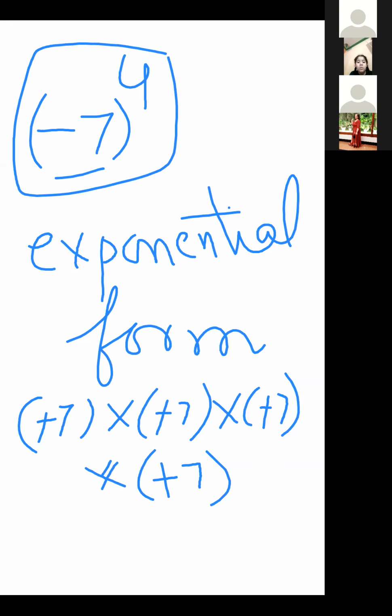What is the answer? Somebody says 2401. Okay, good. So 2401 is the right answer. Okay, all of you understand? Okay, very good. See the next.